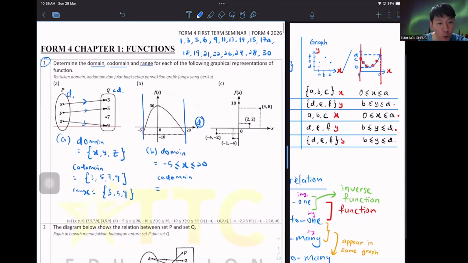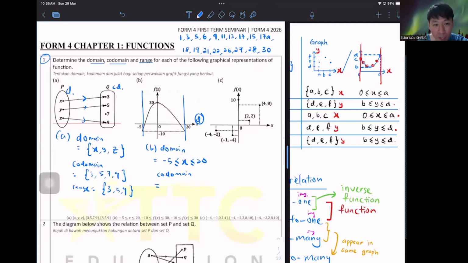Next one, codomain. The other one, the Y, codomain. So you have to look at the smallest and the biggest again. -10 until 30. In the middle, you have to put fx or follow the graph.